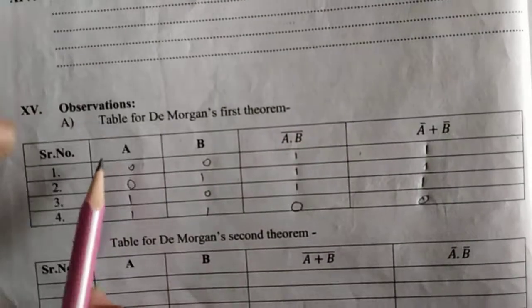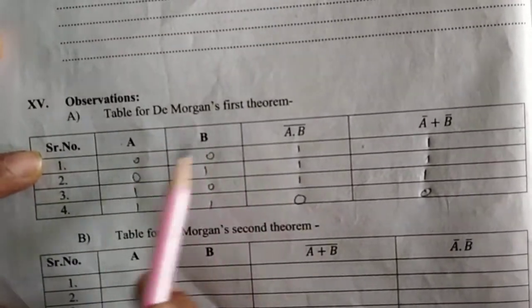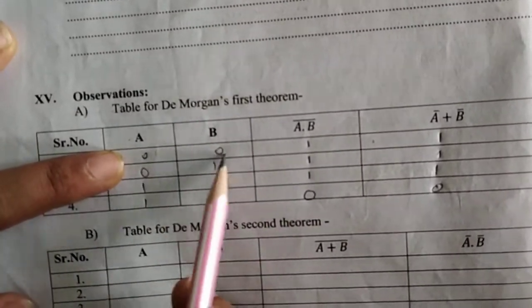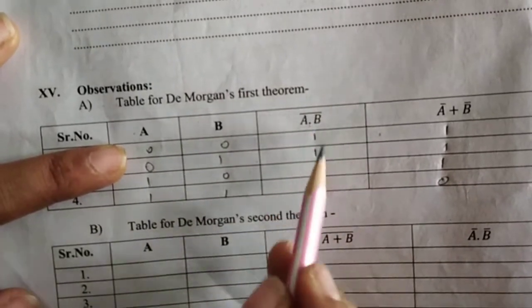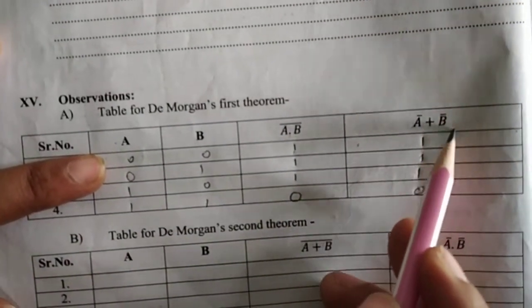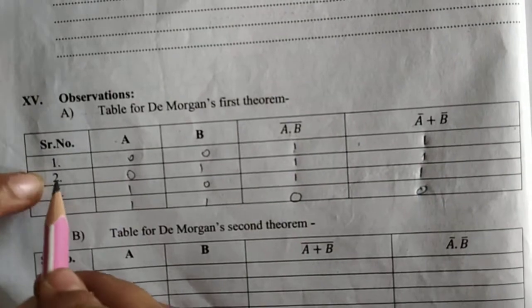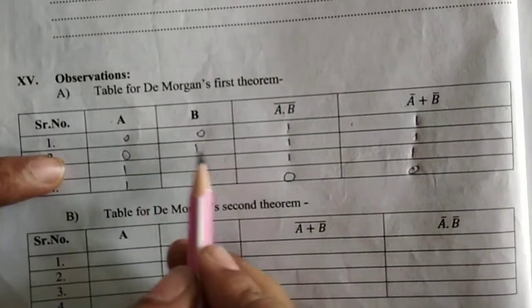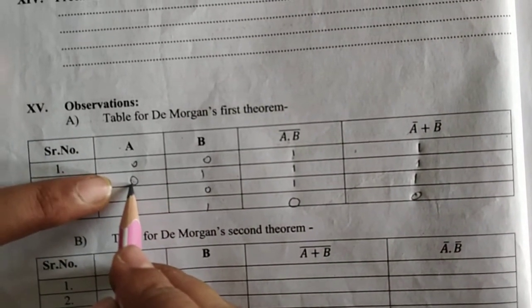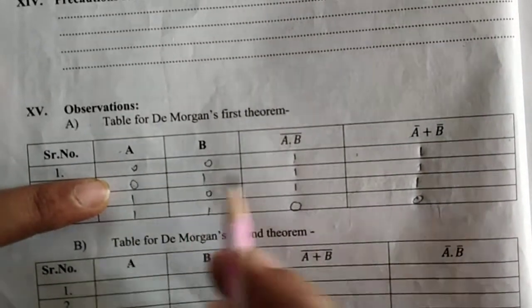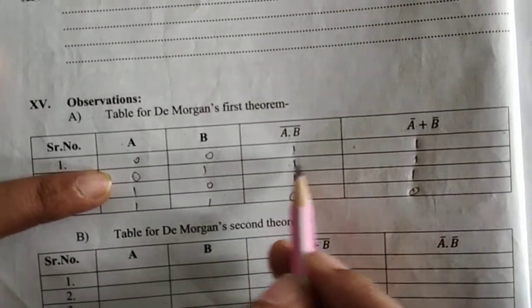The observation is that there are two inputs A and B. For combination 0 0, A dot B whole bar is equal to 1 and A bar plus B bar is also 1. After that, the second combination is 0 1, that is one input is ground and another input is VCC. Then we get the output 1 and 1.